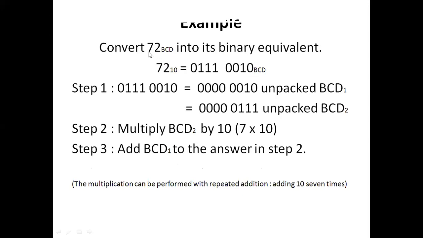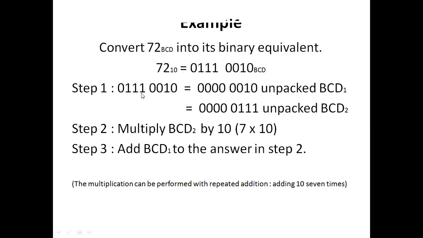So we take the 72, and 72 can be represented in the binary form as 7 as this one and 2 as this one. We take this part separately and this part separately, keeping these two parts separate and representing them in the form of unpacked numbers by first masking the most significant nibble and then masking the least significant nibble.